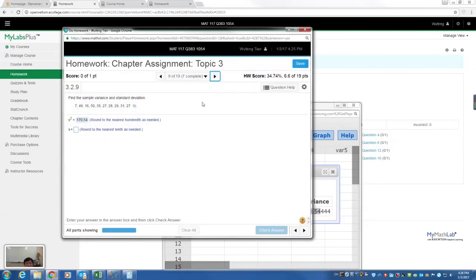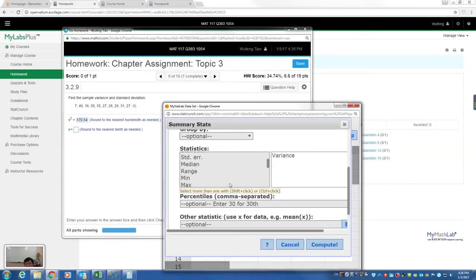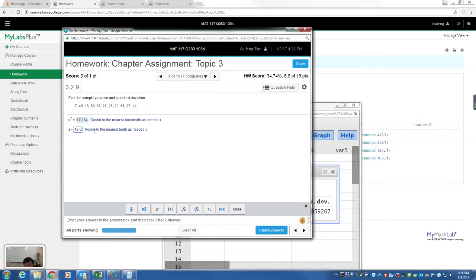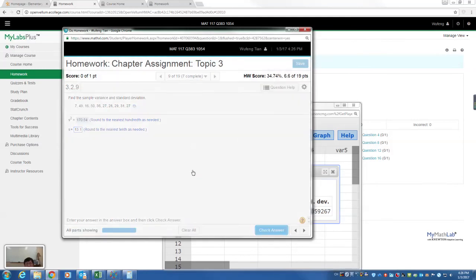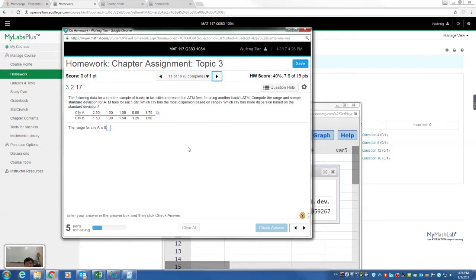And for standard deviation, I have to choose standard deviation. Compute, so it's 13.1. Okay, you can try this by yourself.